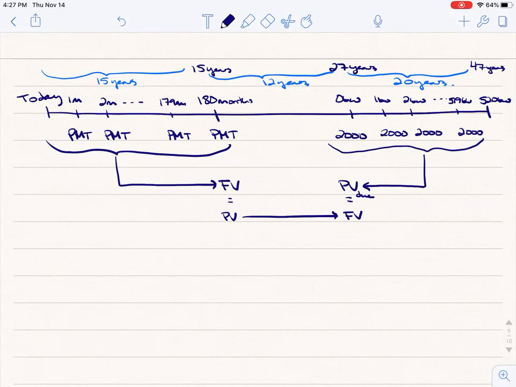Again, this is the situation where we know everything except for the present value due. So we'll start over here on the right-hand side. And then we're going to find the present value due, which means we'll know the future value, which means we can trace back to the present value of our payments, which becomes our future value of our payments. And then we'll be able to solve for the payment amount, right?